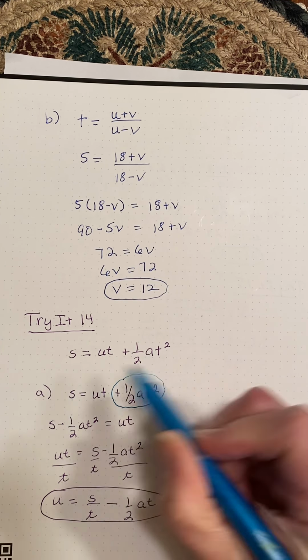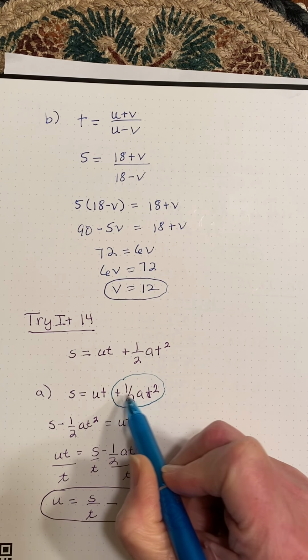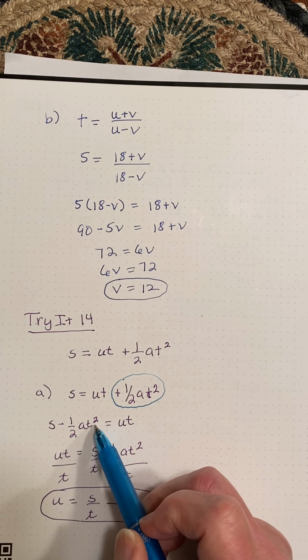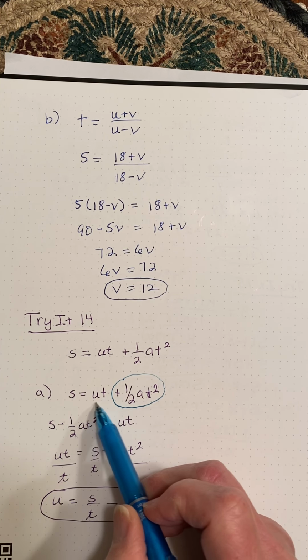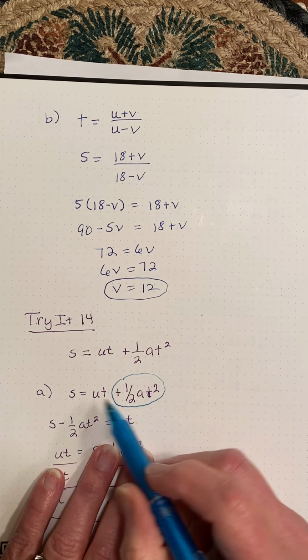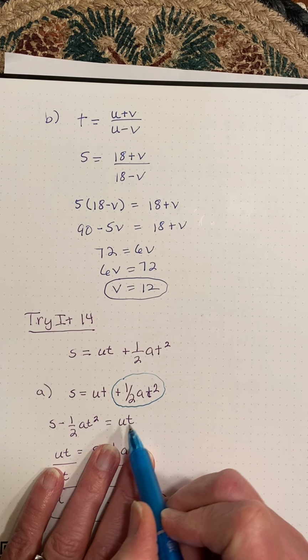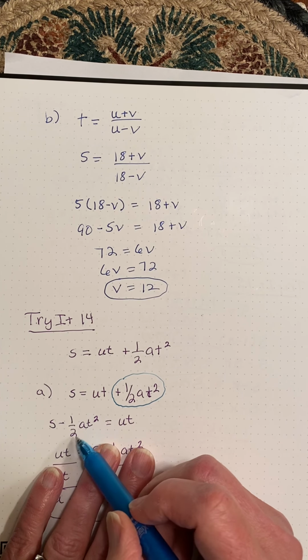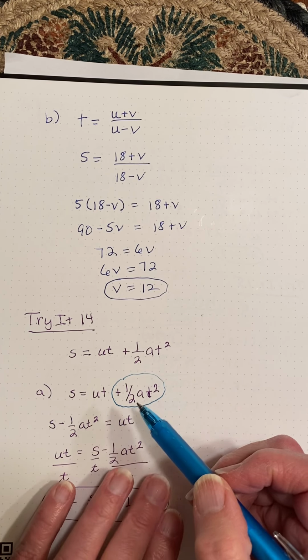I'm going to bring it over to the other side by subtracting the whole thing. So that's what I do. S minus half at squared equals ut. Now at this point, I'm going to flip these things around because I like the u on the left, so ut is going to equal s minus half at squared.